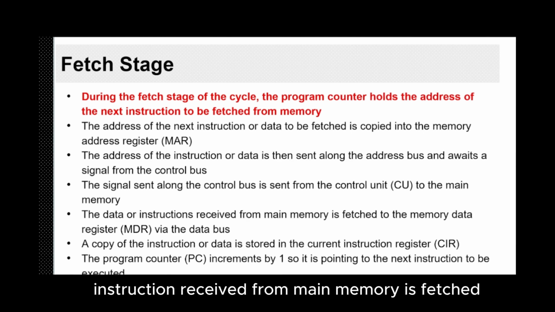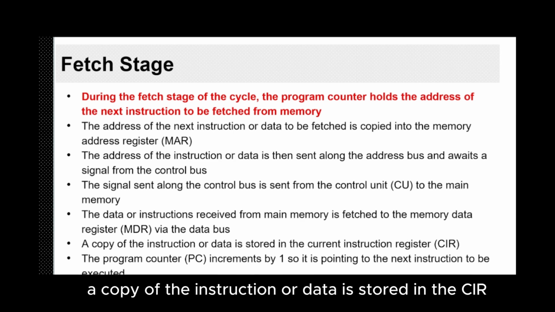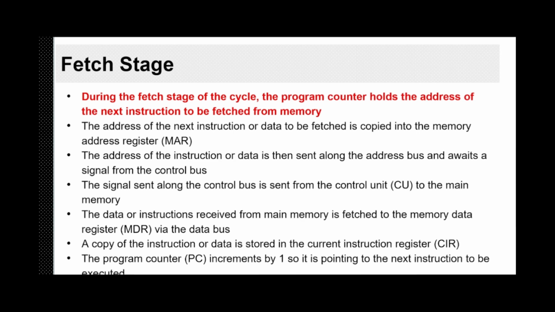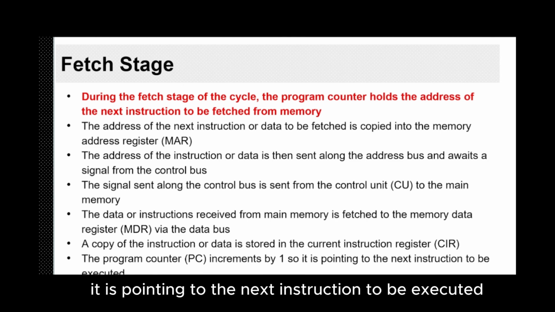The data or instruction received from main memory is fetched to the memory data register via the data bus. A copy of the instruction or data is stored in the CIR and the program counter is incremented by 1, so it is pointing to the next instruction to be executed.